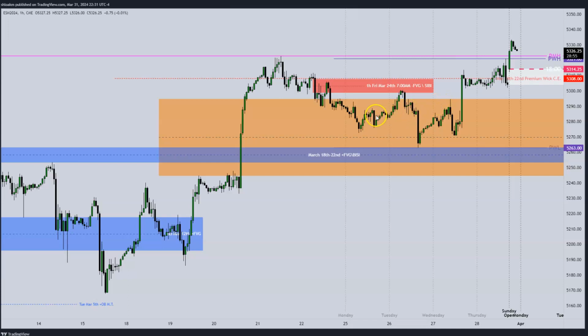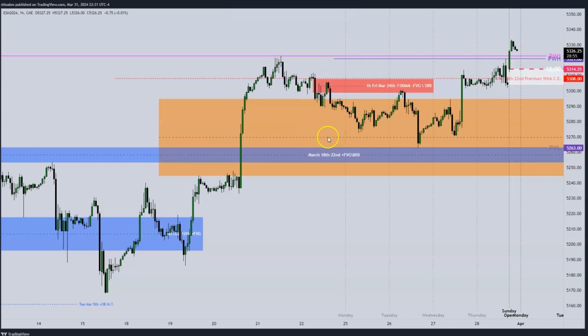I think it's reasonable to expect a pullback, and on my NASDAQ analysis, which is in the next video, you'll see some interesting psychological studies that I'm using this week. I just want to talk about this quick little fair value gap.